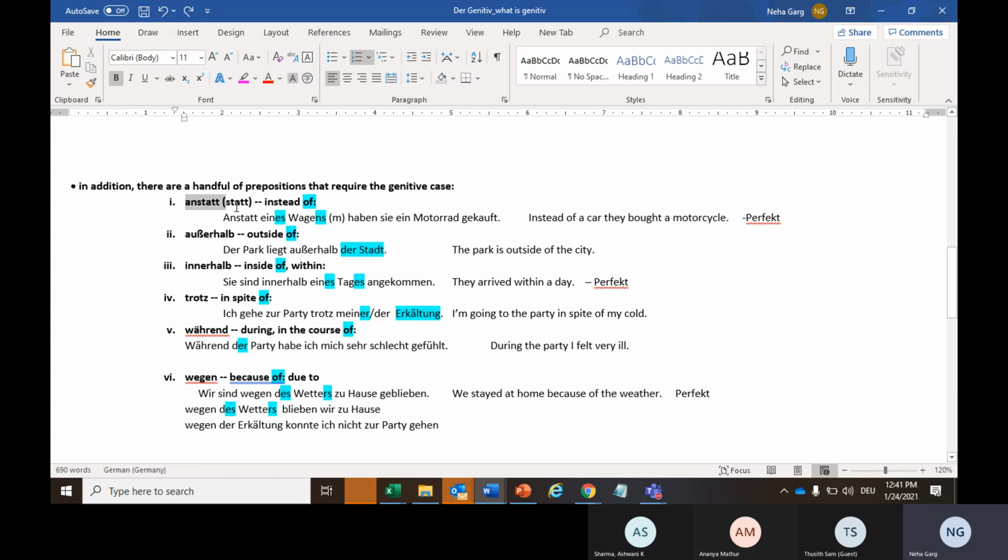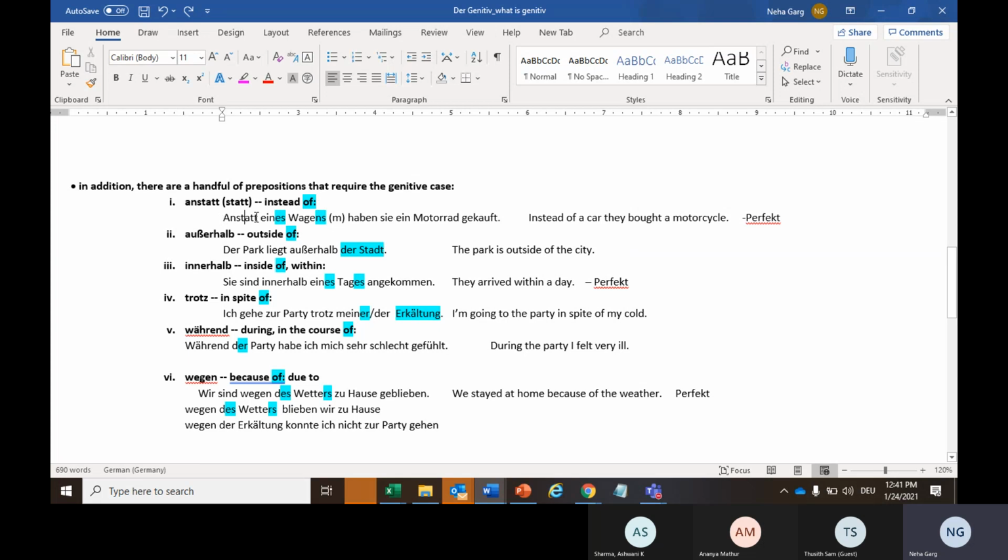So here are some examples of the prepositions which we have for genitive. So first is anstatt. That is instead of. Now there are many prepositions in English also where we use of as an addition, like instead of, outside of, in spite of, because of, or due to. So here anstatt, instead of.